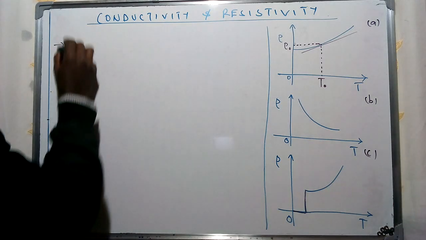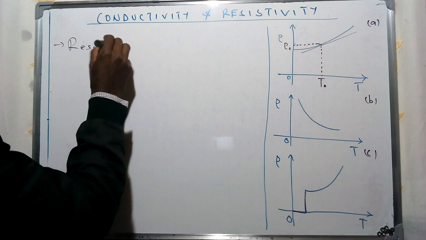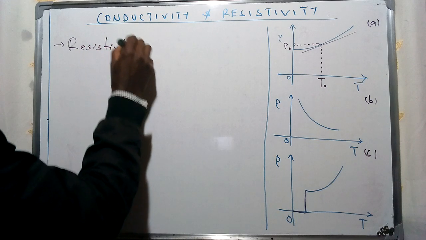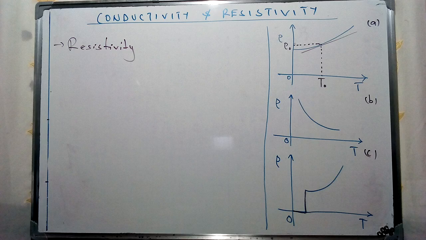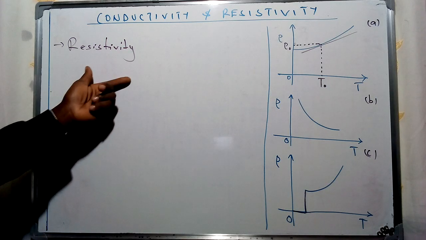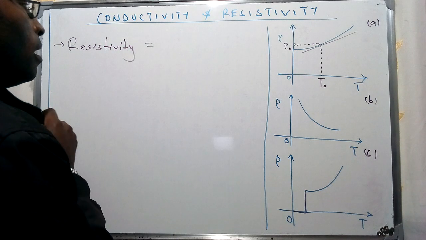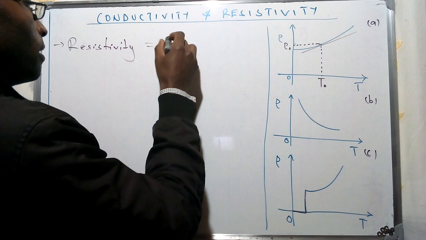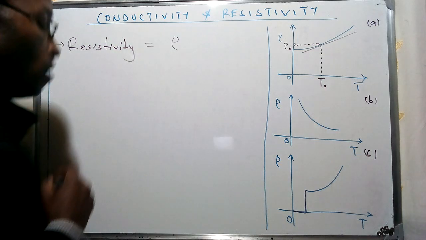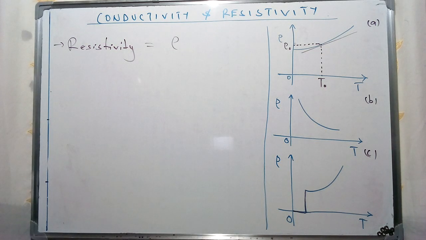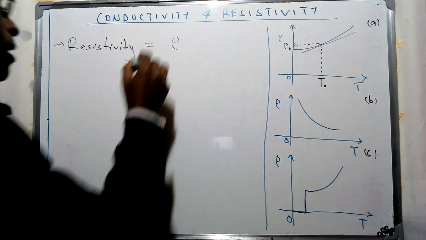Now, we had mentioned that the resistivity of a material is the ratio of the electrical field in the material to the current density. In this case, we looked at it in terms of a ratio. Therefore, we can define resistivity as the ratio of the electrical field in the material to the current density, and this can be given in terms of rho.